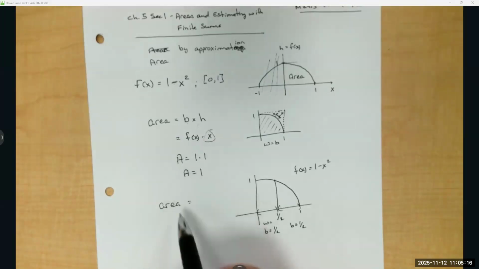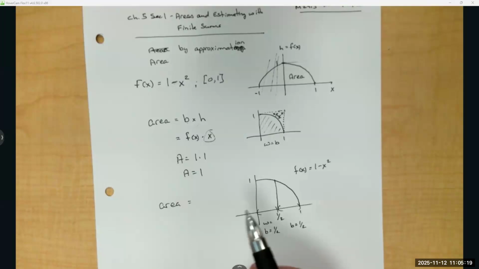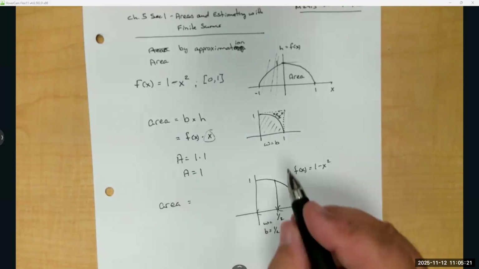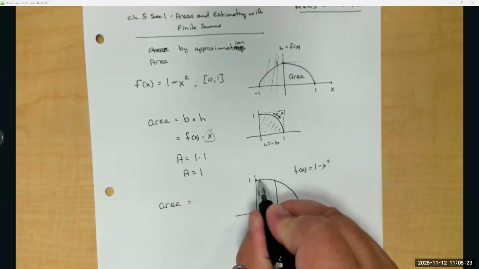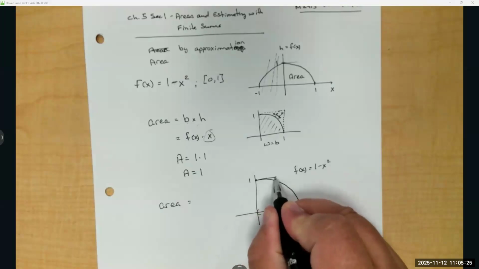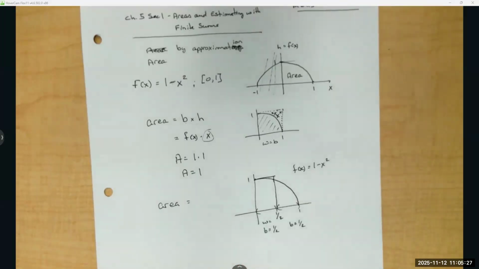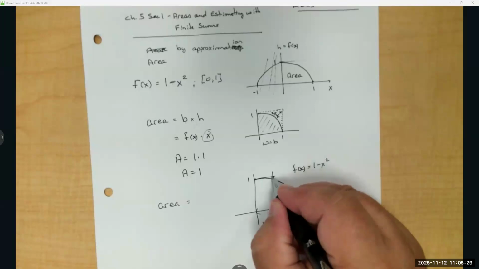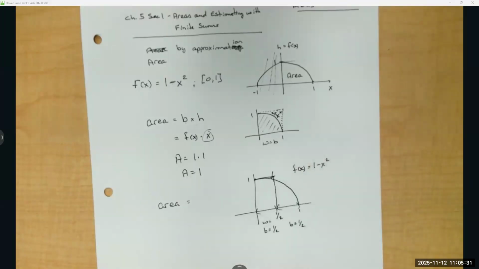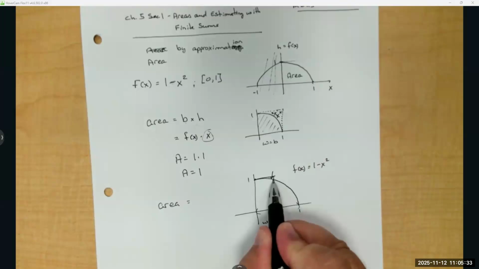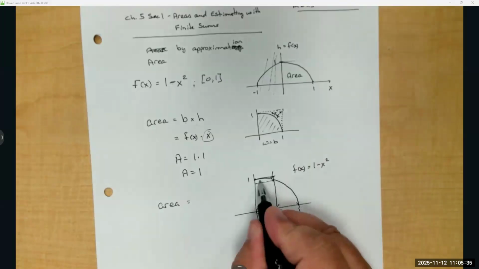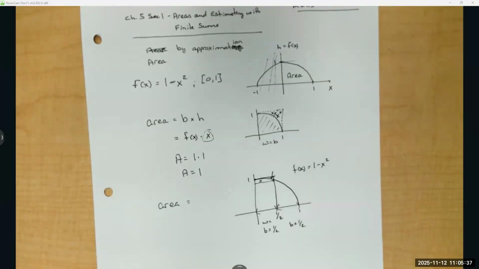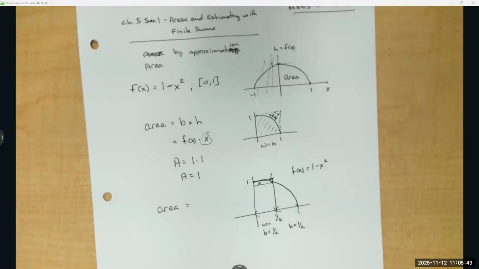Because we know the formula for the area of a rectangle. We can either take this area, which gives us a lot of wasted space there, or we could take this area, which we don't have enough here. Which is what we call the upper bound and lower bound, upper sum, lower sum.